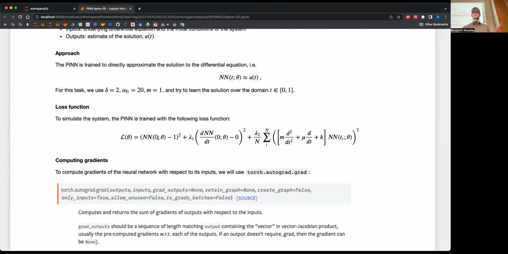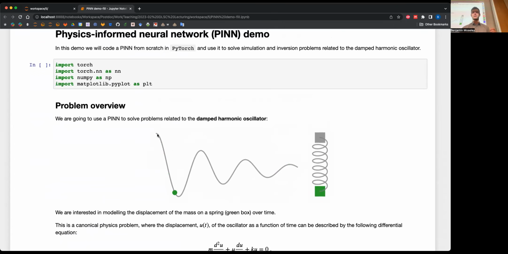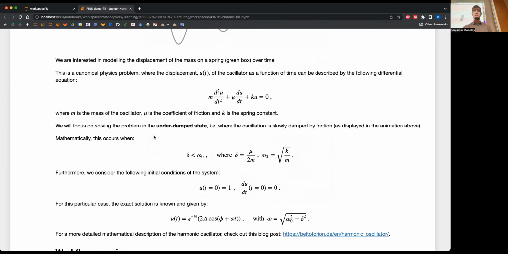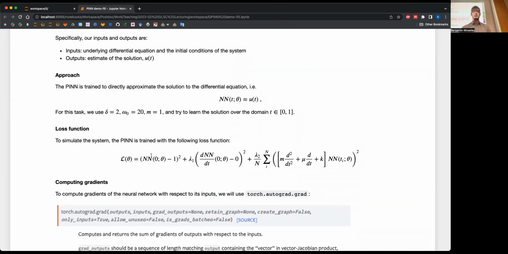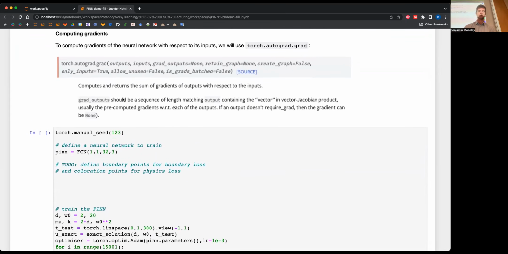The neural network at time equals 0 is going to be a displacement of 1, so it starts up here. And we're going to make sure the velocity is 0, so it starts stationary. So the neural network of 0 is 1, and the derivative of the network with respect to t at 0 is also 0. Then we're going to have our extra physics loss term on top. And as I said, we're going to apply torch.autograd to get these gradients.